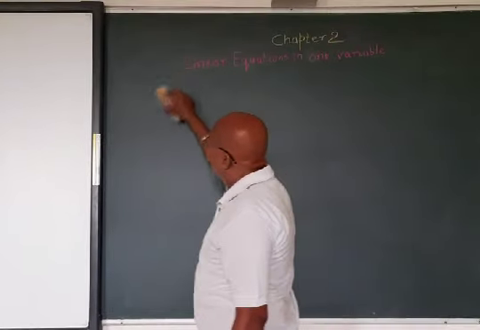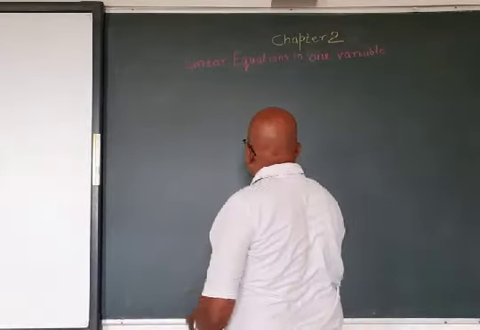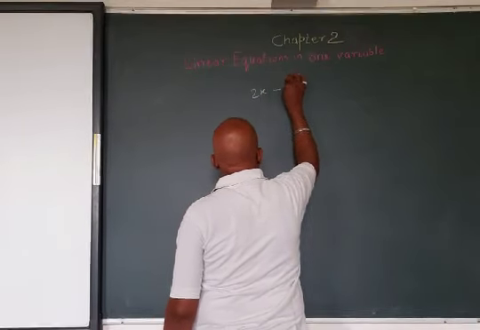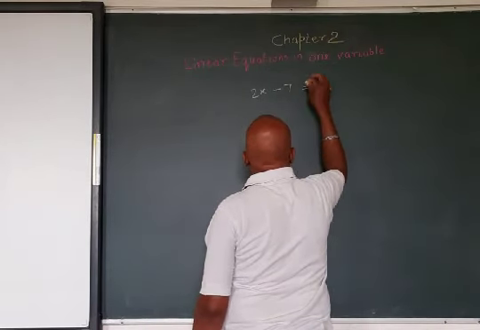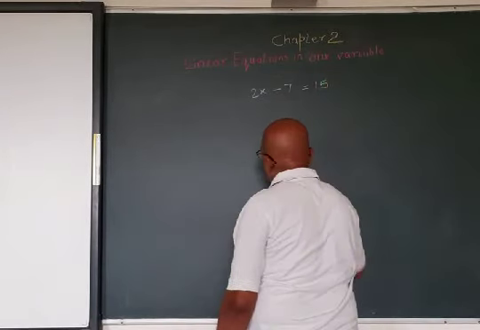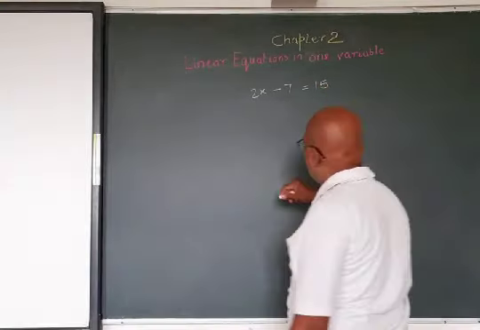Now, say I form a very simple equation: 2x plus 7 equal to 15. Now this is an equation. It is a simple equation.